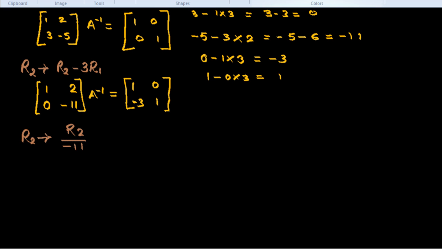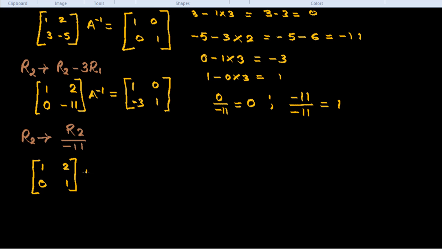So we get here 1 2, there is no change. 0 divided by minus 11 is already 0, and minus 11 divided by minus 11 we get 1.